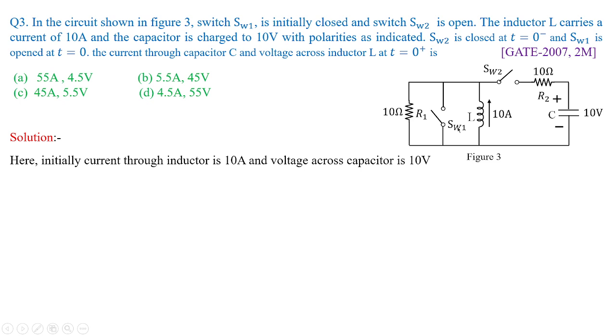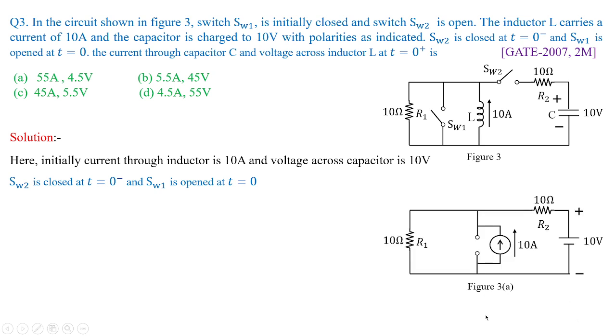In fact, if I go into the practical diagram with SW2 closed at t equal to 0 minus and SW1 open at t equal to 0, you can see this figure 3 can be changed to figure 3a. So that is the important catch over here. SW1 is open, so you can avoid this switch.